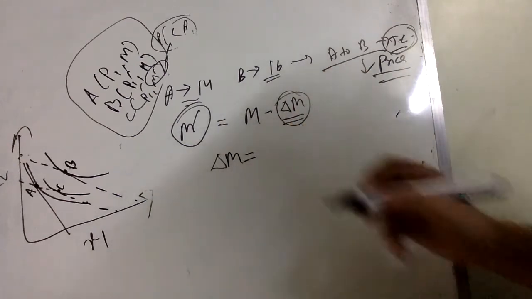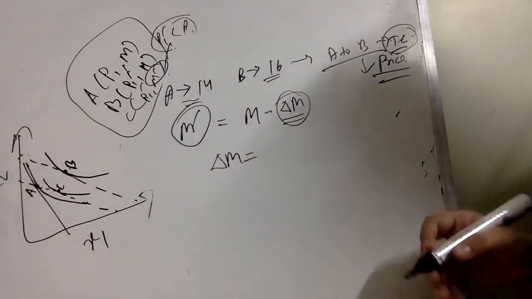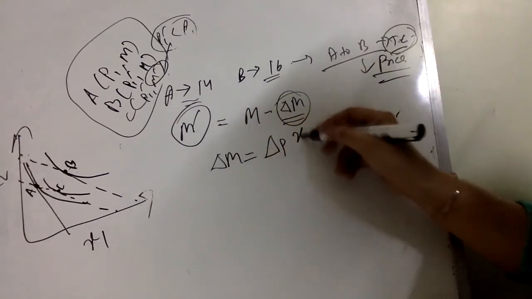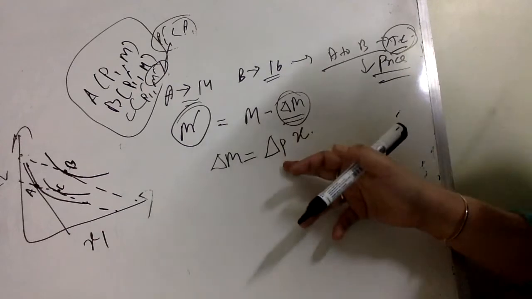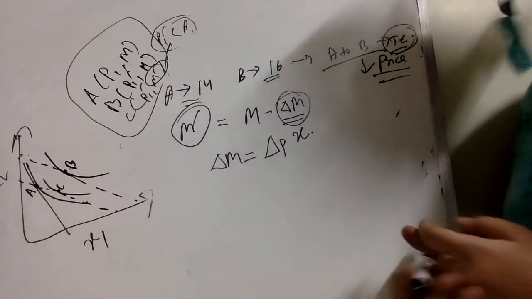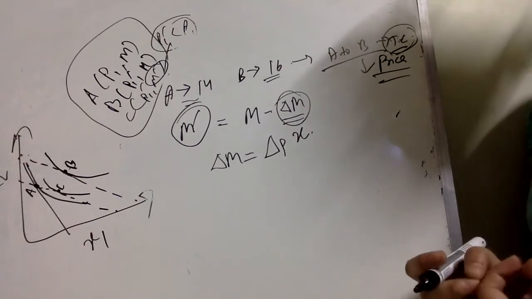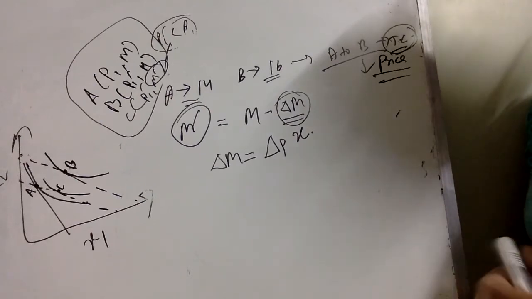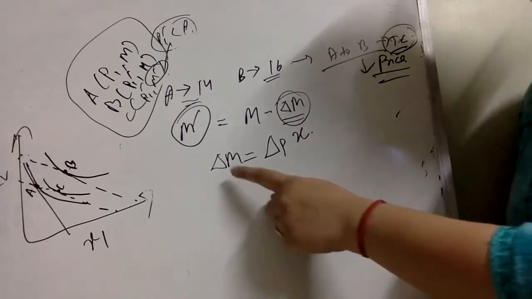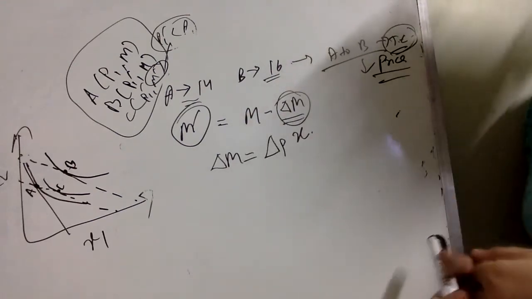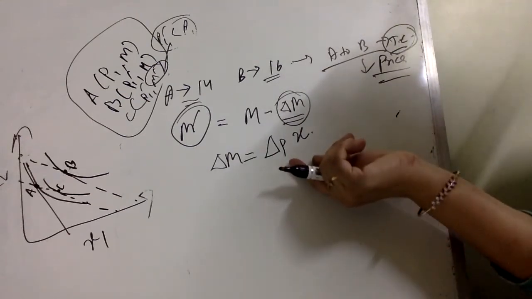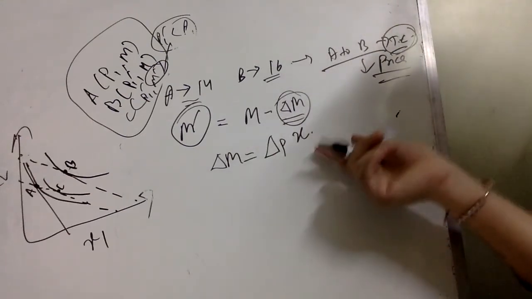It is exactly equal to the change in price times X. He should be able to afford my bundle at A, and I am taking away income in such a way that he is able to afford the original bundle at A. So my change in income equals the change in price times the consumption.